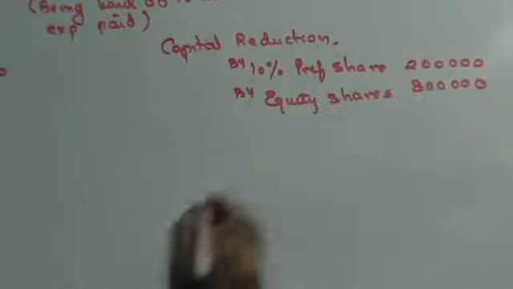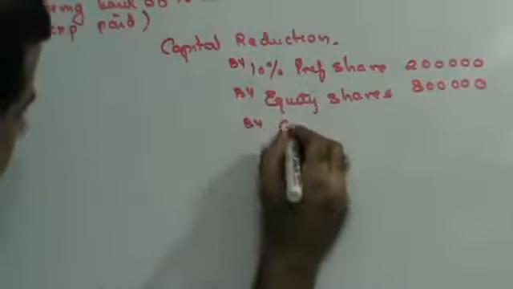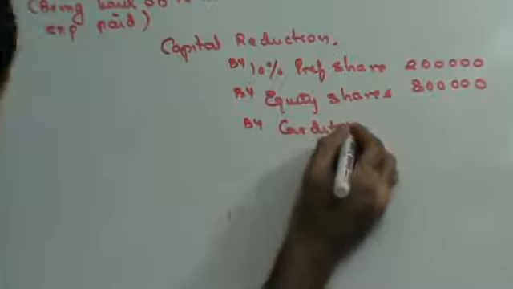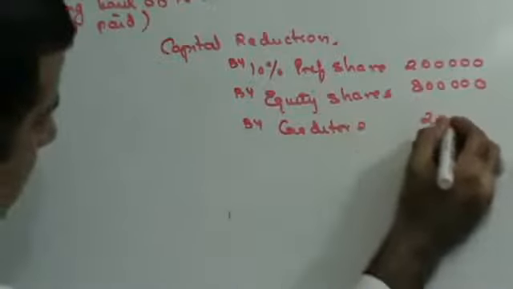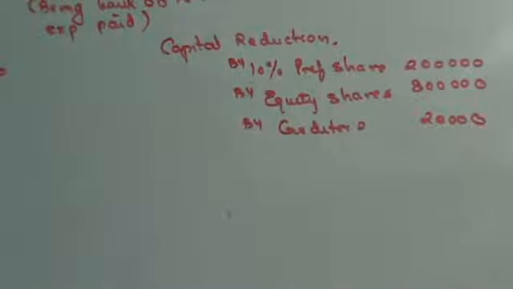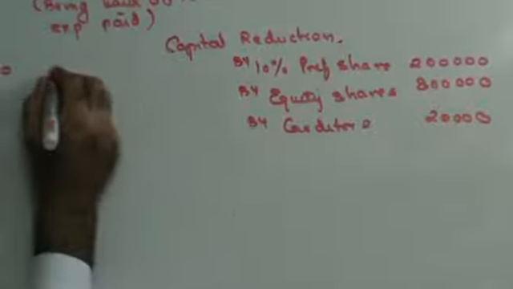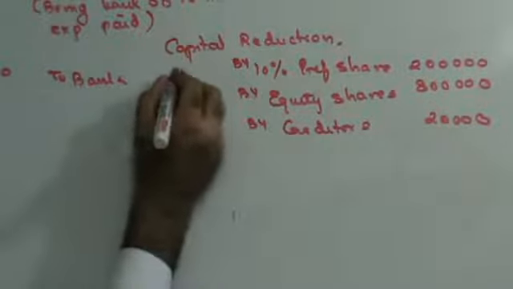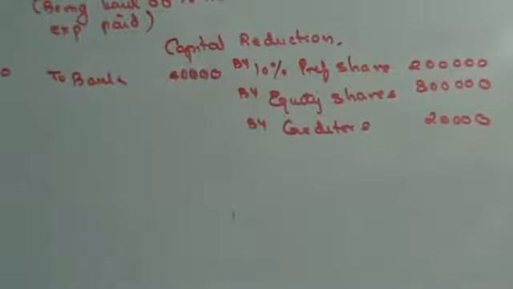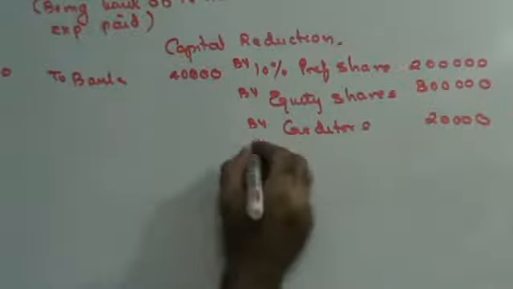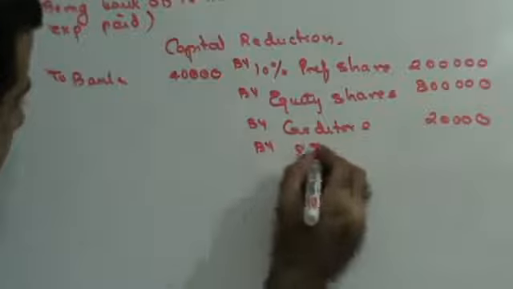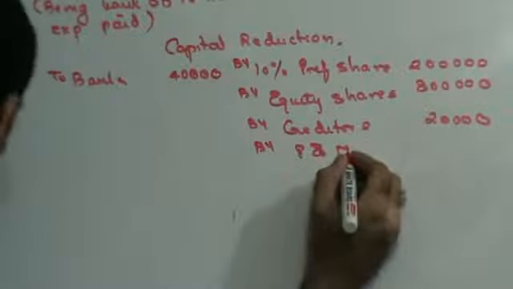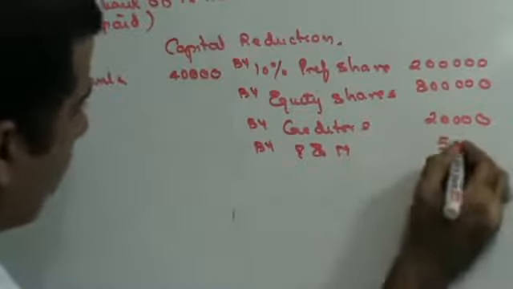Then on credit side, by creditors, 20,000. Then you don't have capital reduction here. Capital reduction on the debit side to bank, 40,000. Then you have on the credit side, by plant and machinery, 50,000.